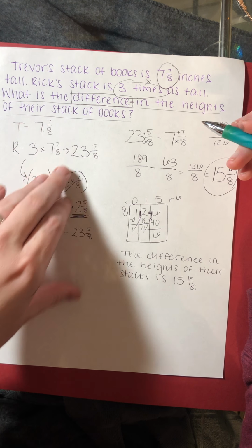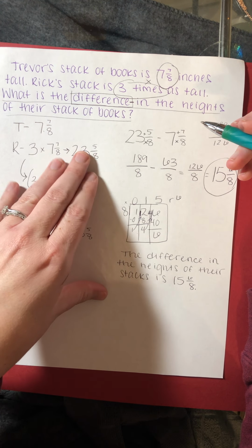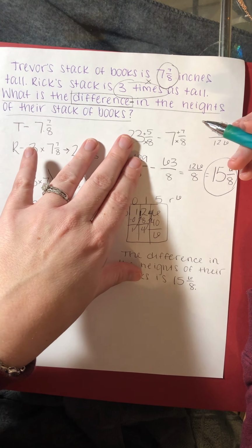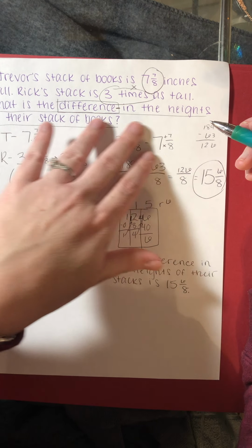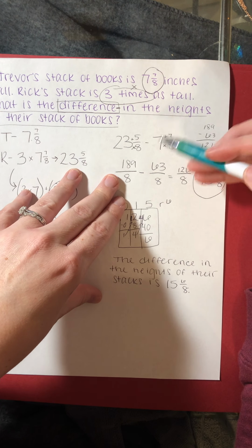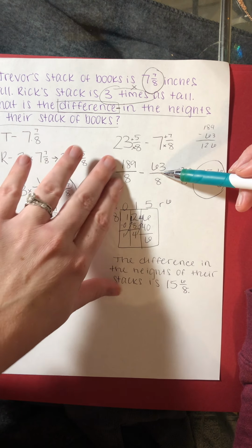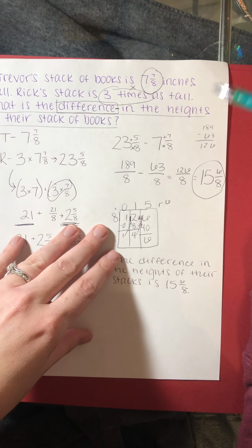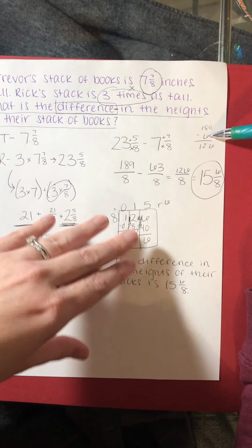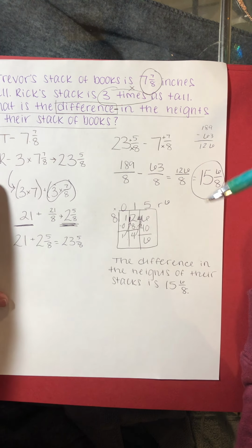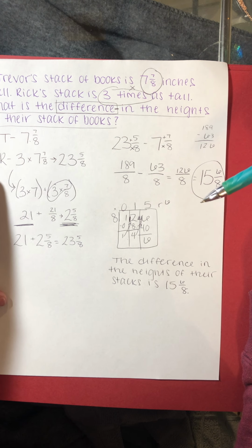We had to find out how tall Rick's stack of books was. So that's one step. Then we had to subtract. So that was the second step. Then we had to turn it into improper fractions and subtract. So that was the third step. We had to do some subtraction here. We had to do some division there. So ultimately, you guys just helped me solve a 4-step problem.